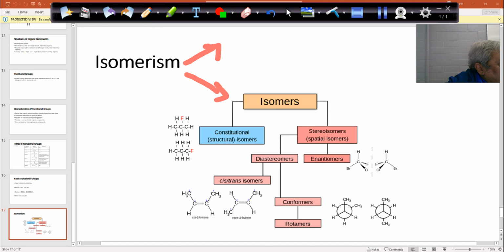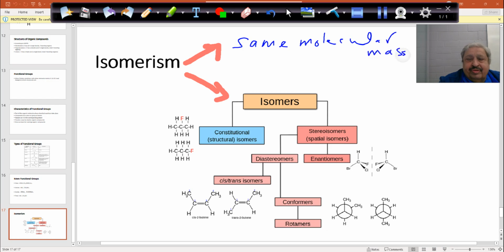They have the same molecular mass, and the same number of atoms, of course including carbons.